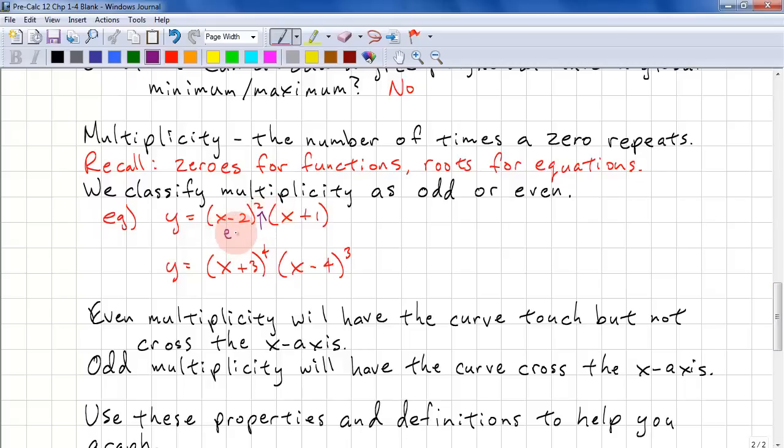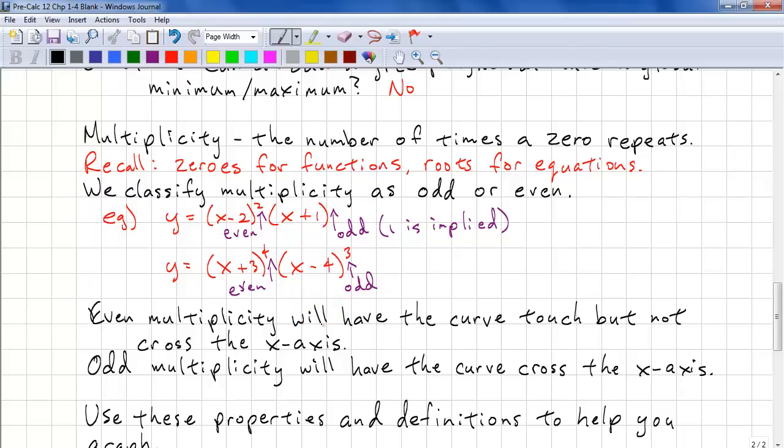Here we have even. Here we have odd, because 1 is implied. Okay, and here, again, we have even. And here, it's definitely odd, because it's not implied.